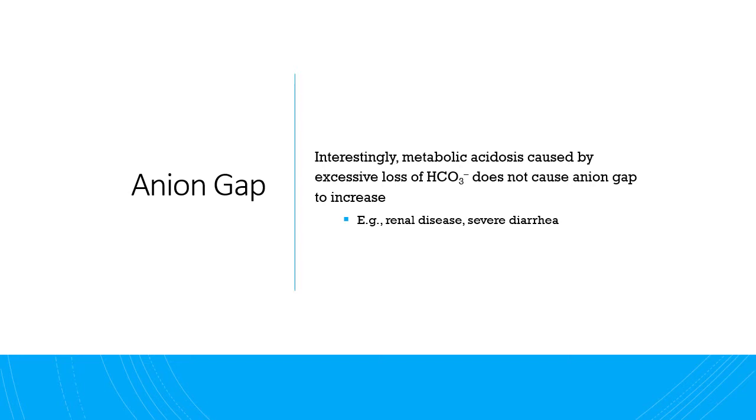Interestingly enough, metabolic acidosis which is caused by excessive loss of bicarb does not cause the anion gap to increase, as seen in renal disease and severe diarrhea.